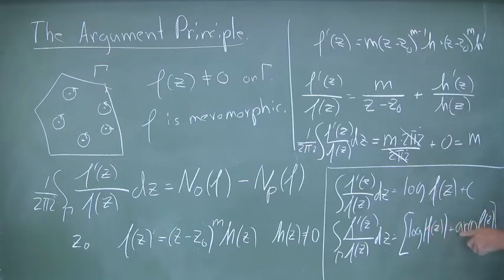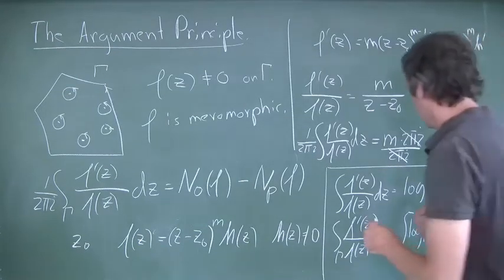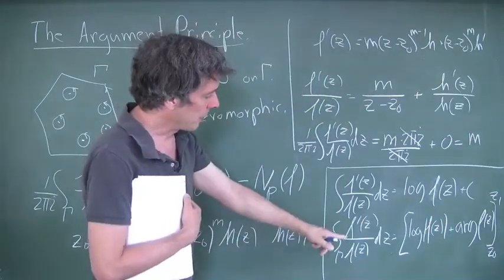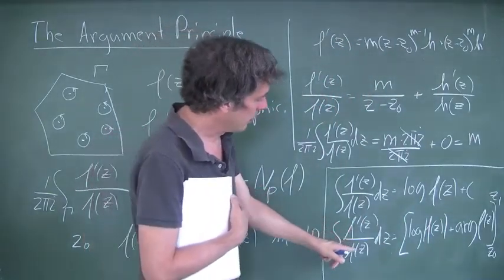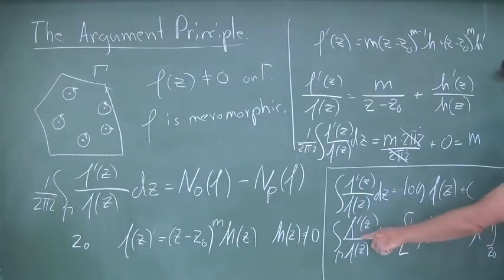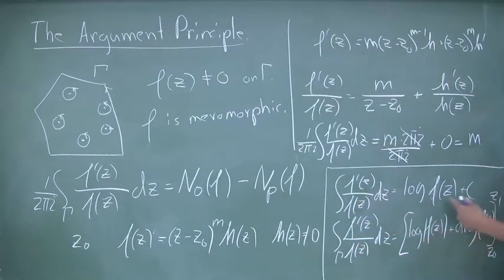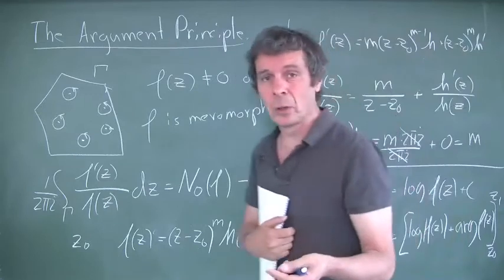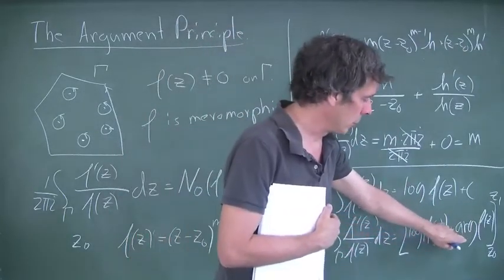And then this should be evaluated at the starting point of the curve and the end point of the curve, like this. So what happens now if you integrate this expression along a closed curve? Well, when you have passed around the whole curve and got back to the same point, of course, this term will not contribute anything, because the value of this will be the same at the starting point and the end point. But this term is different because the argument is actually a multi-valued function. So you could get 0 here also.